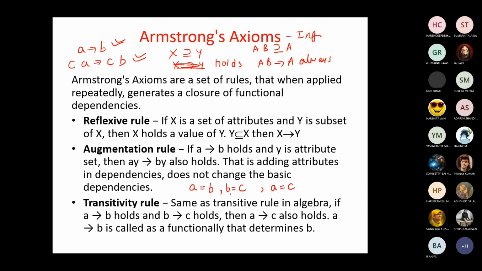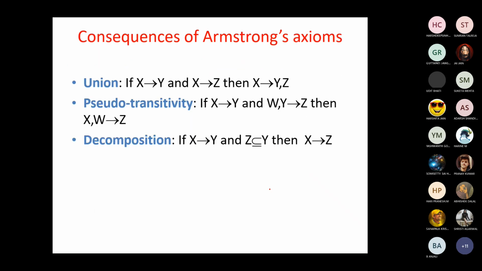It simply means that A tends to B and B tends to C, so you can say A tends to C. If Ram is stronger than Balram and Balram is stronger than Raman, then I can say Ram is stronger than Raman. So this is the transitivity rule. Again, if A tends to B and B tends to C, I can also say A tends to C.